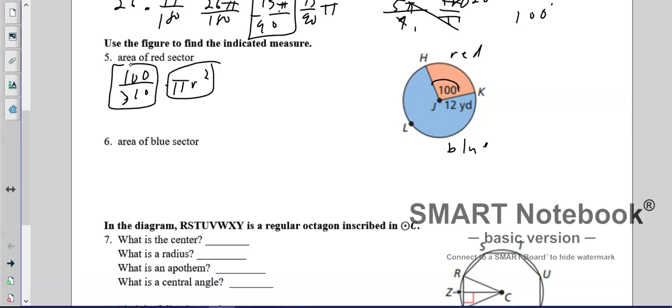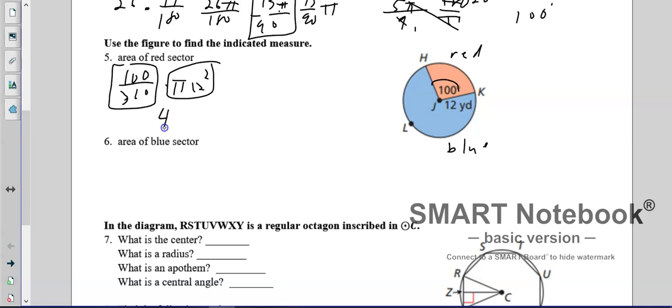Okay, now since we know the radius is 12, we just stick that in there. And now all we do is crunch the numbers. So we do 12 squared, which is 144. I'm going to do 144 times 100 divided by 360. And we get 40.